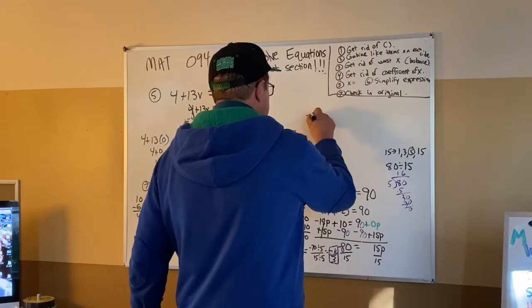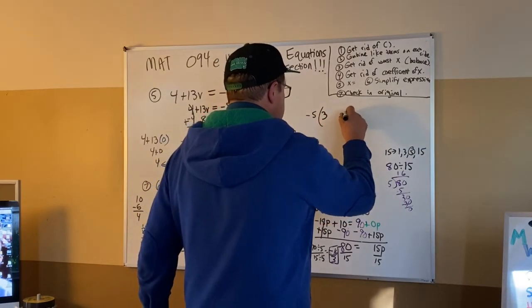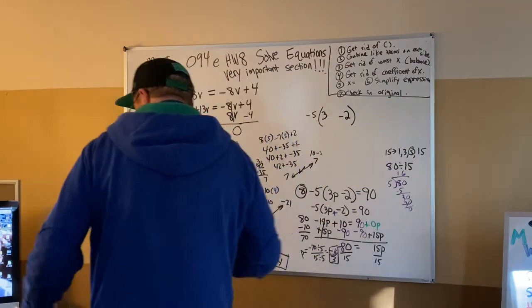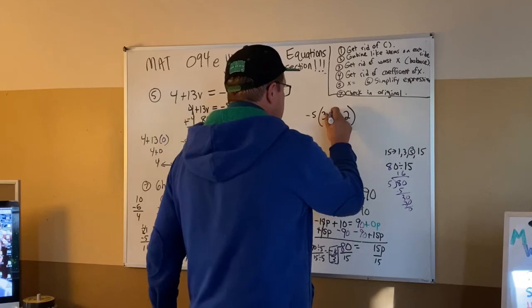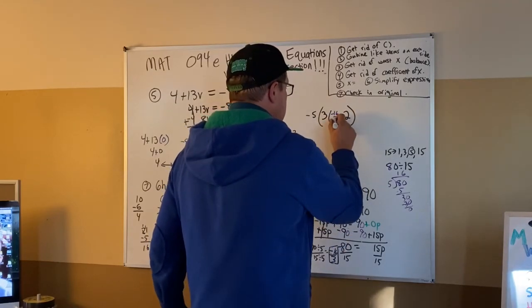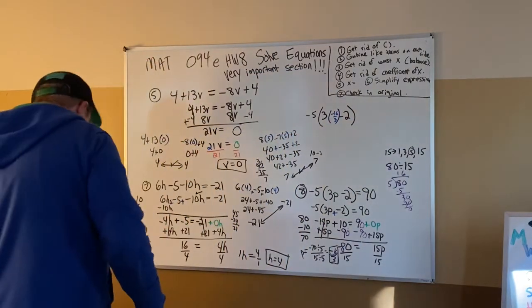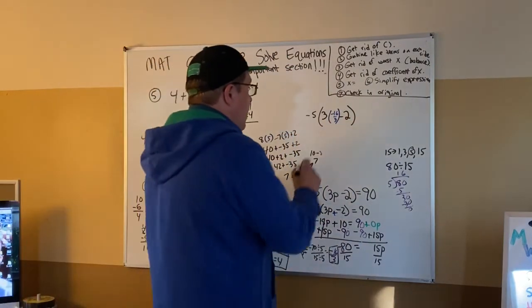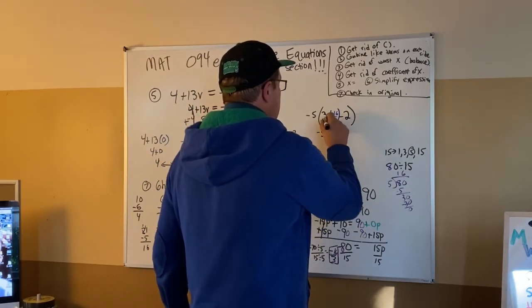Here's what I have to do. I have to do negative 5 times (3 times my p, minus 2), and close. Now the number that's going in there is negative 16 over 3. Now, when I multiply this out, you'll see that I got the negative 5 hanging out there, and these 3's will cancel.